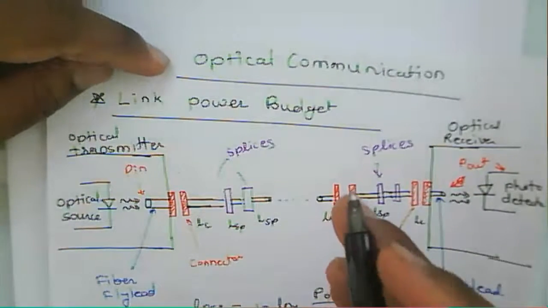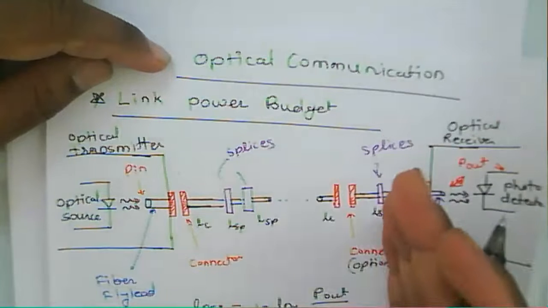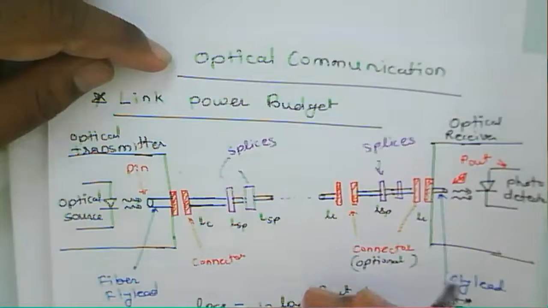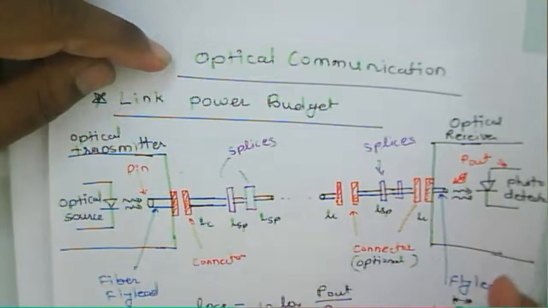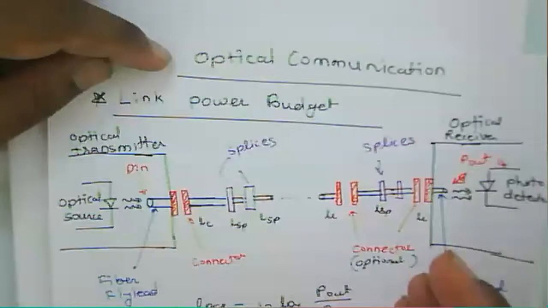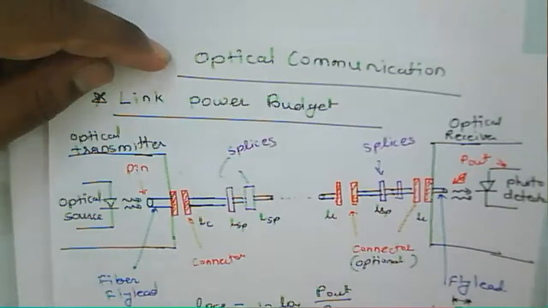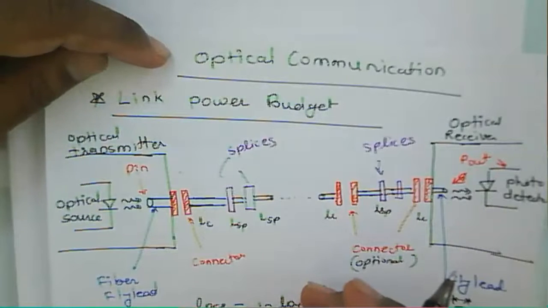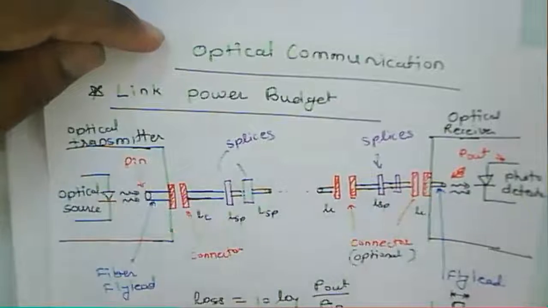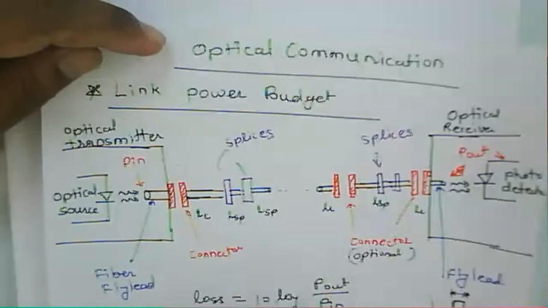For example, for a 10 kilometer length we require that value of power, and for a 15 kilometer link length we require a y value of power. So the power level depends upon the length of the fiber.